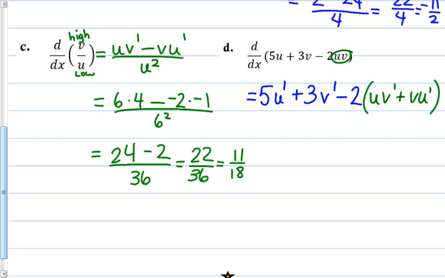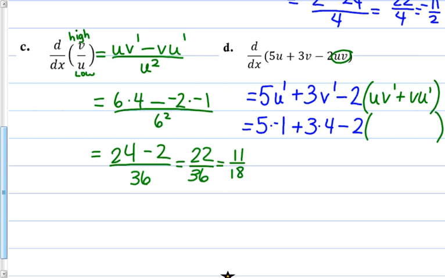Okay, so I need to look at my paper again. 5 times U prime. U prime is -1. Plus 3 times V prime. V prime was 4. Minus 2 times the derivative of the product rule there. I'm just going to leave that in my parentheses.